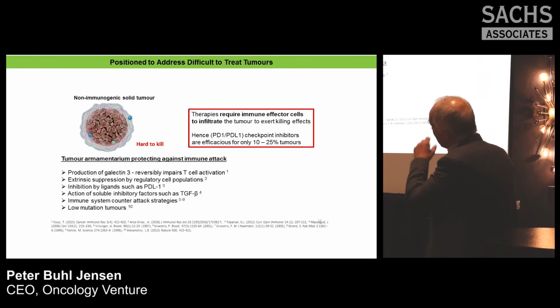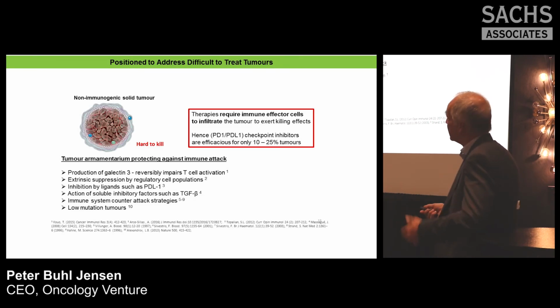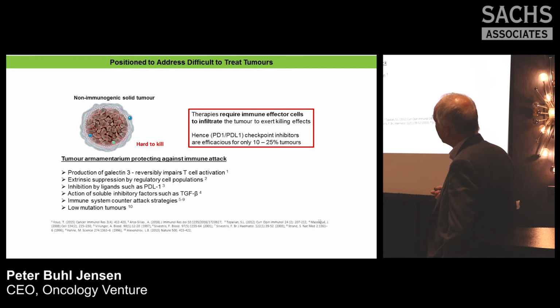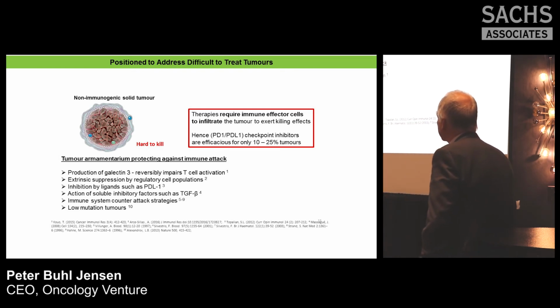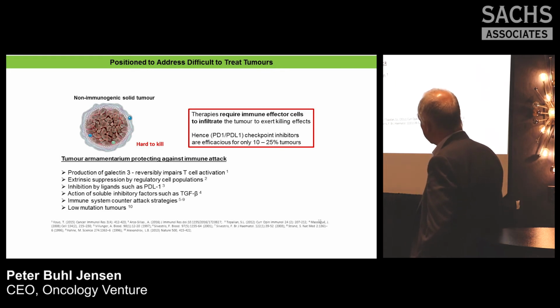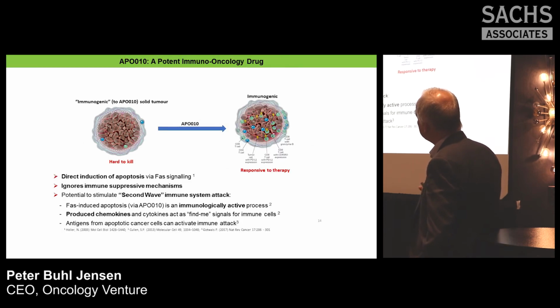And what we expect that Apo10 can help us with is to move into non-immunogenic solid tumors, and in essence, go in and turn cold tumors hot, start an approach which looks like a T-cell approach, expecting a cascade of next level events, getting a direct apoptosis via Fas signaling, and then also stimulating a second wave of immune attack.